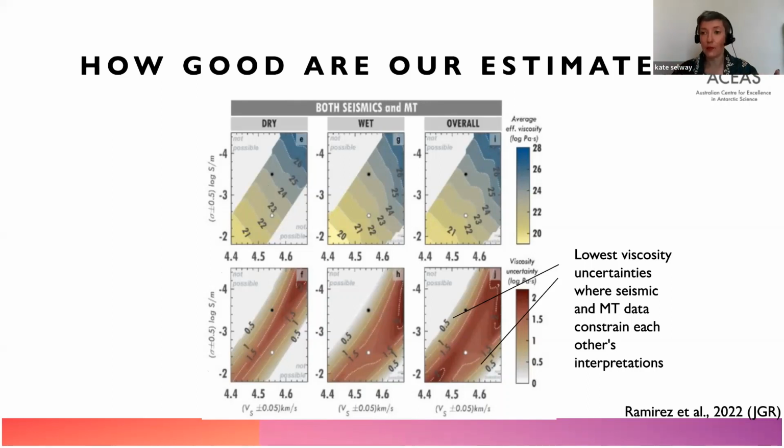Like we're seeing in the previous plot, if there's a pretty solid agreement between what those two data sets are showing, then there's still a relatively large uncertainty in that viscosity. But if there's a bit of an offset, then we can produce a much smaller uncertainty in that viscosity.